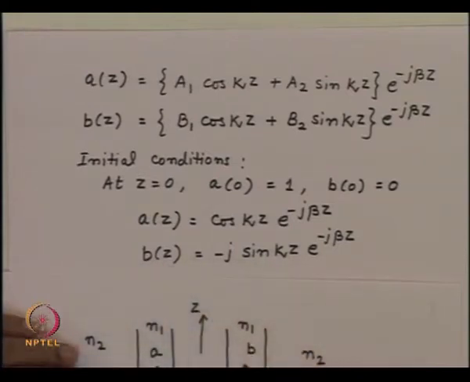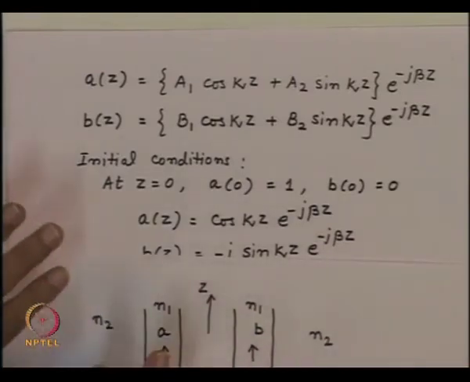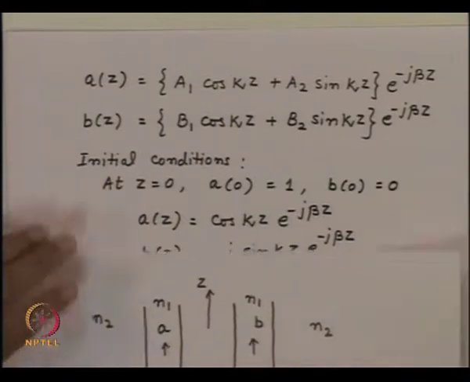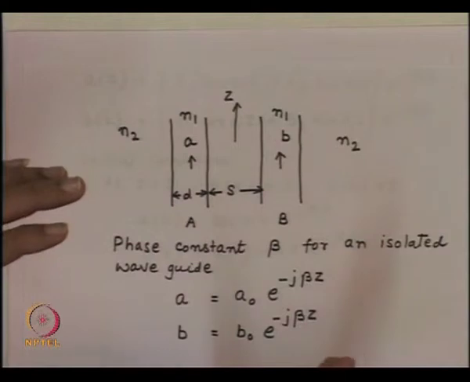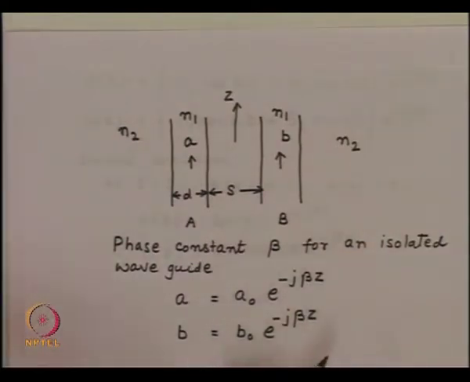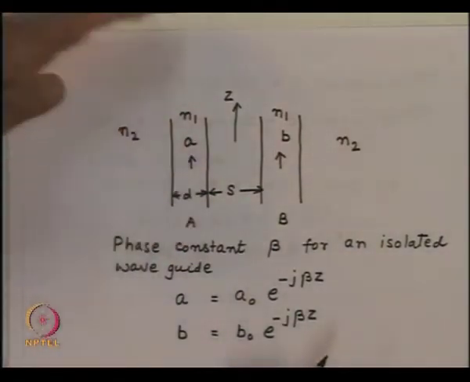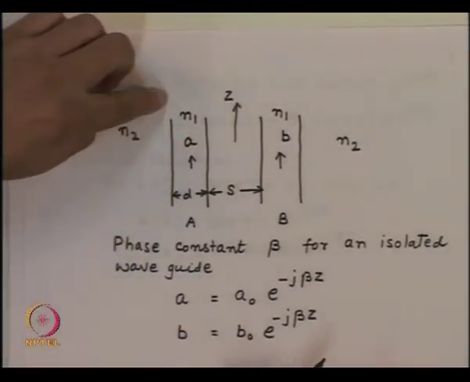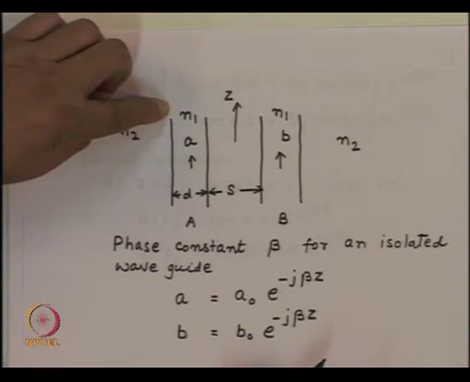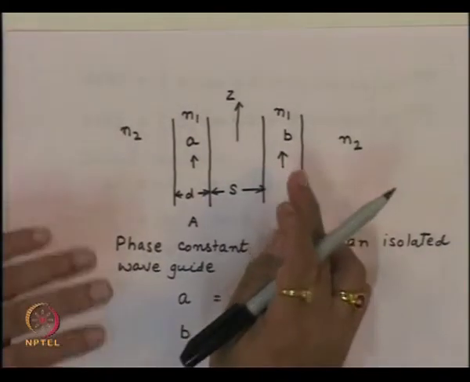Similarly, the variation on the second waveguide for the amplitude is sine of kz. So earlier when the coupling was not there, we had a variation which is simply A0 e to the power minus j beta z. So the amplitude of the wave was remaining constant as it traveled, but now the amplitude of the wave is going to change along the length of this waveguide and along the length of this waveguide also.